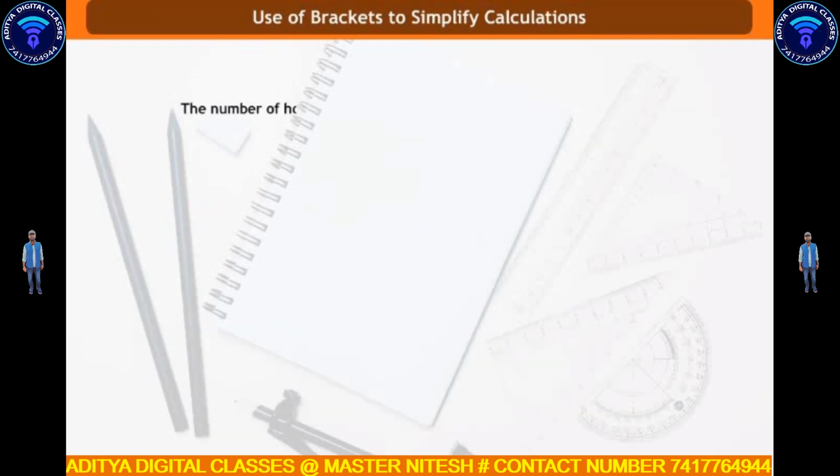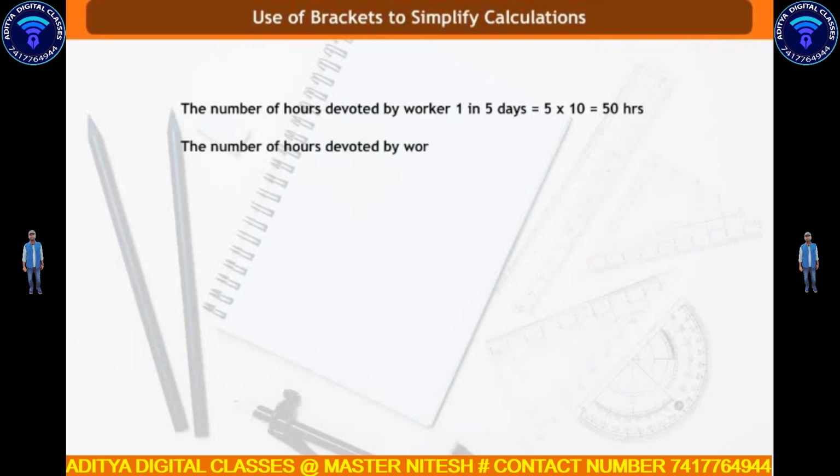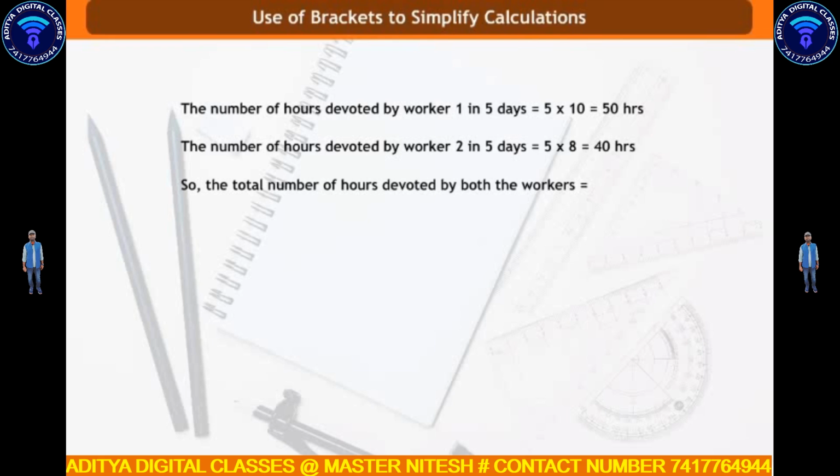The number of hours devoted by the first worker in 5 days is equal to 5 into 10, which is equal to 50 hours. The number of hours devoted by the second worker in 5 days is equal to 5 into 8, which is equal to 40 hours. So the total number of hours devoted by both the workers is equal to 50 plus 40, that is 90 hours.